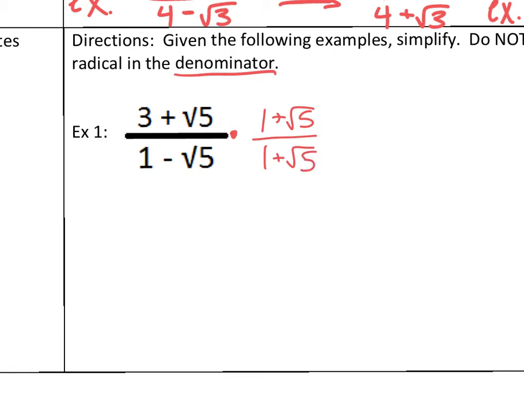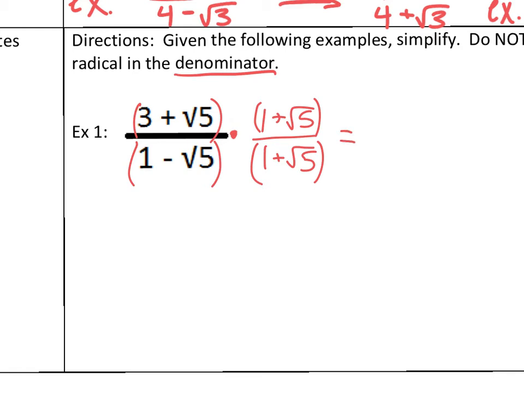Get in the habit of always using parentheses on these. Because to multiply values like this, we have to, what's it called? Oil. Yep. Okay. What'd you say? Yeah, you got it.